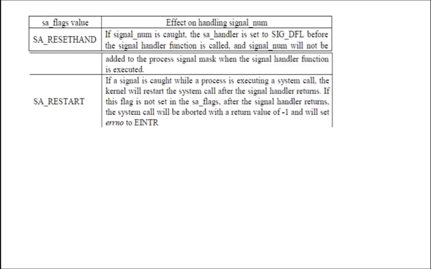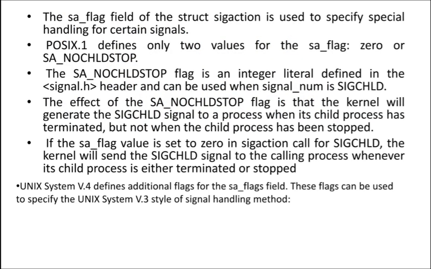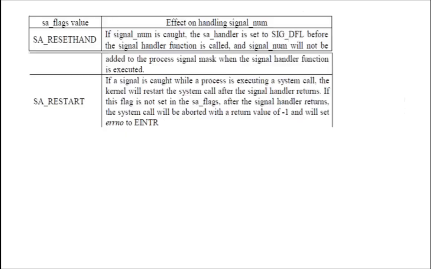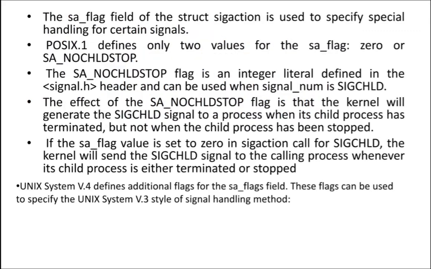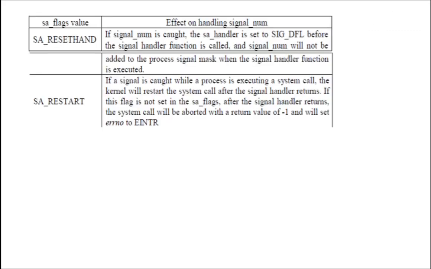Next, SA flag values. Some other flag values are defined in System V. You can see there I'm using SA_RESETHAND and also SA_RESTART. I'm using these two flag values, SA_RESETHAND and SA_RESTART, from Unix System V.